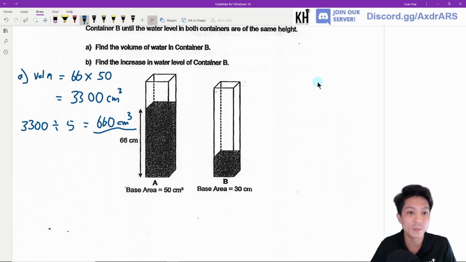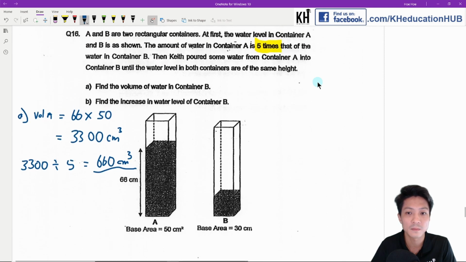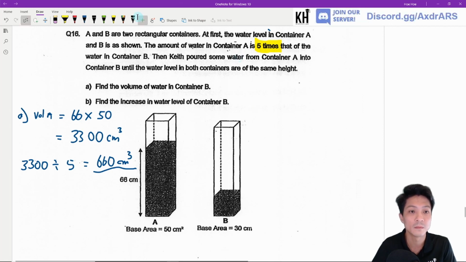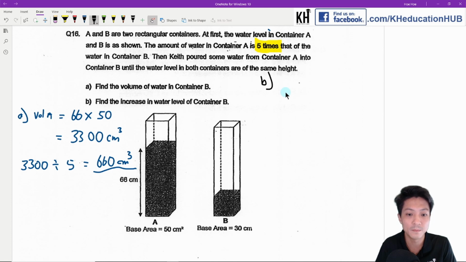Okay, so for part B, find the increase in water level of container B. I'm going to find the total amount of water first.